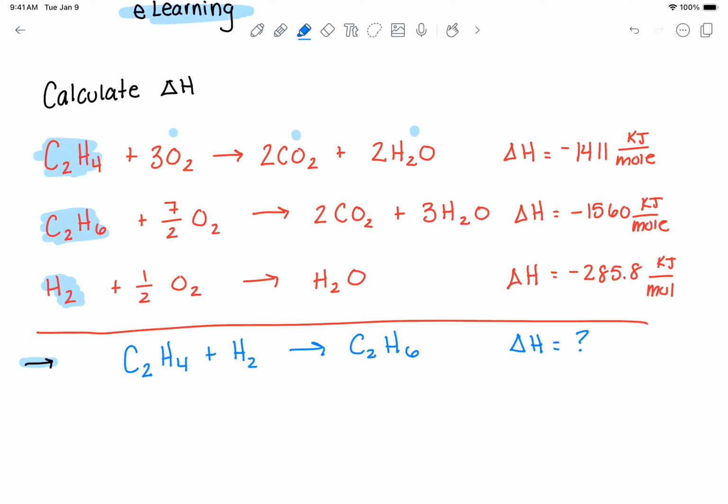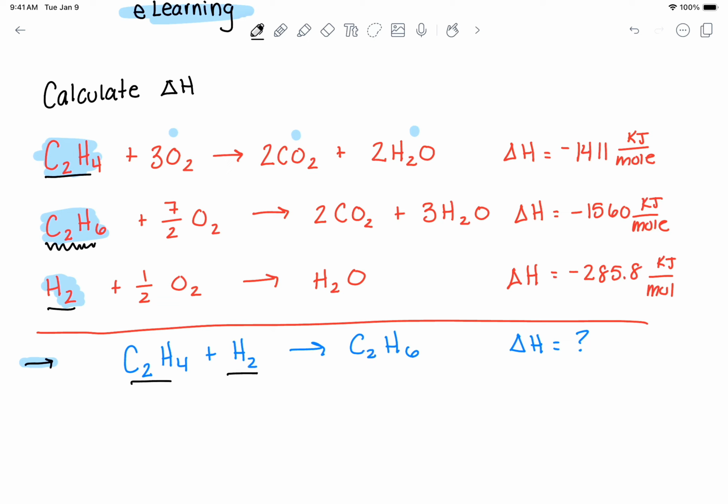So what we should be able to see first is that C2H4 and H2 are currently on the correct side of our arrow. They are both on the reactant side, and in our final equation, we want those to be in the reactants.